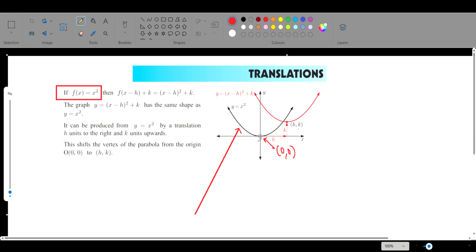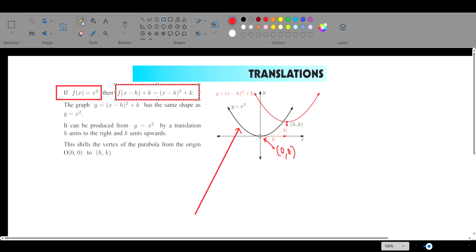It shifted h units to the right and k units to the top.